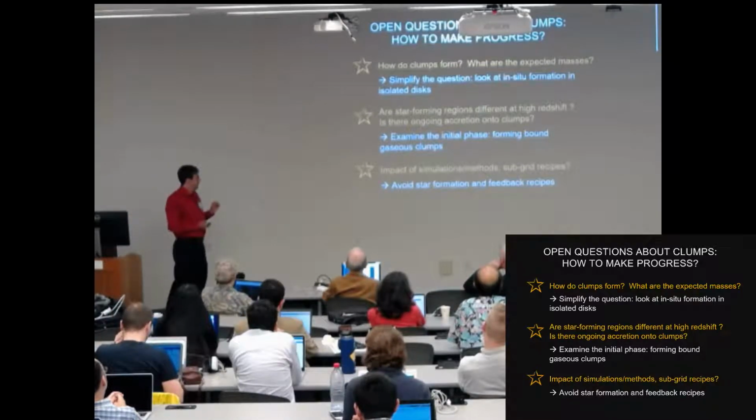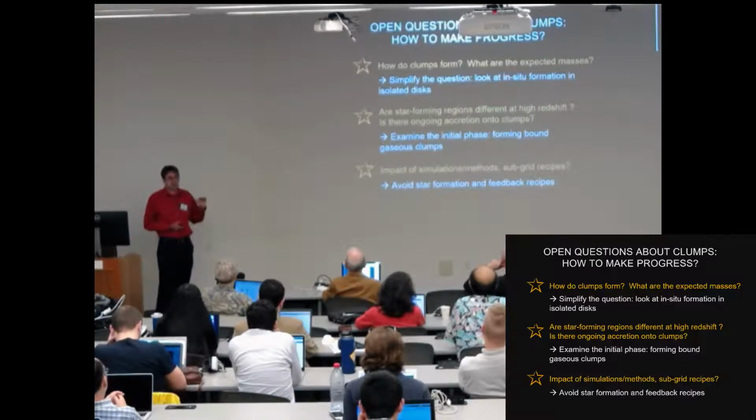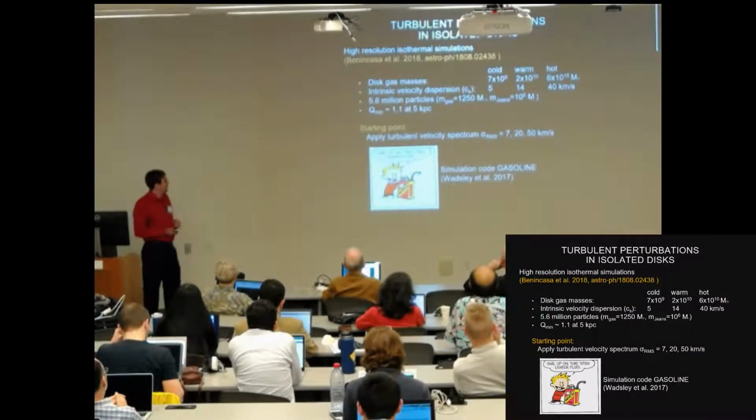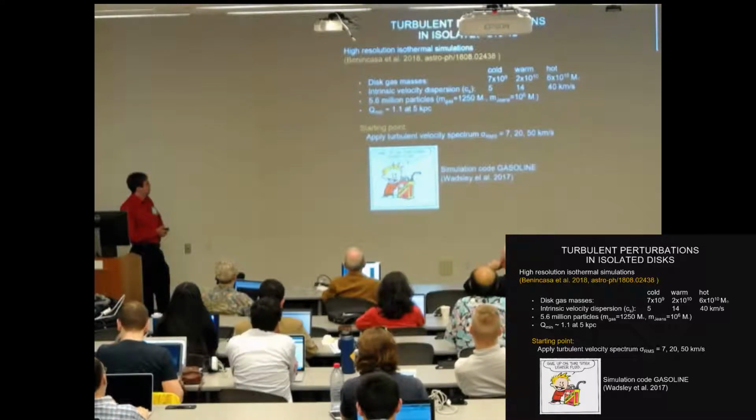And to avoid the complications of what exact feedback recipe you're using, we just didn't use one. So we just did a very simple simulation, only focusing on the original instabilities that are forming the clumps. We did this using the Gasoline code. This is a modern version of it, which does quite well in capturing instabilities and such. We also used a very high resolution.